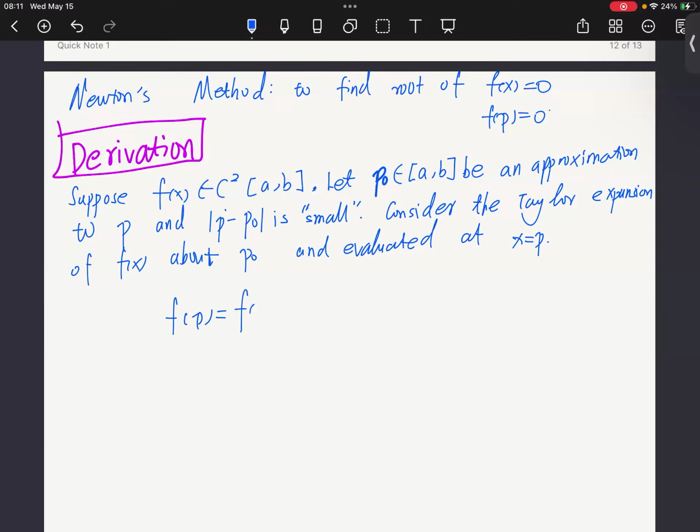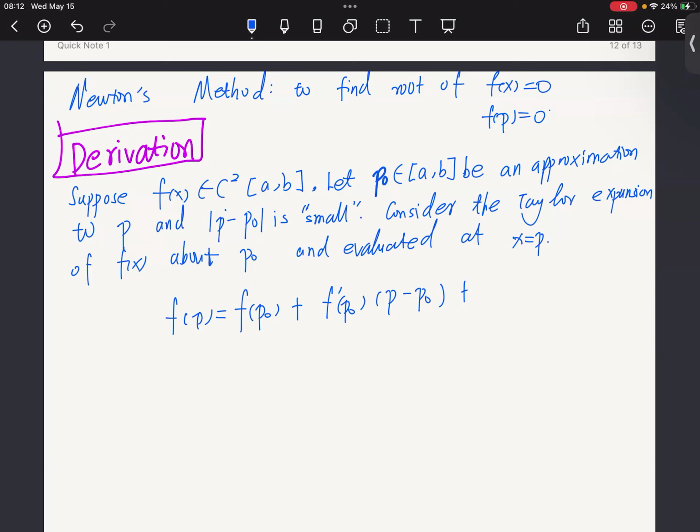And so I get f at p0, and then the second term should be f prime at p0 times (p minus p0). And I'm going to do it with the Lagrange remainder.